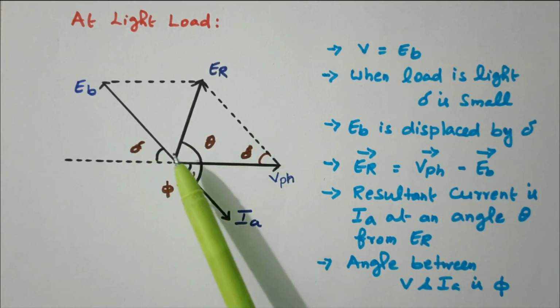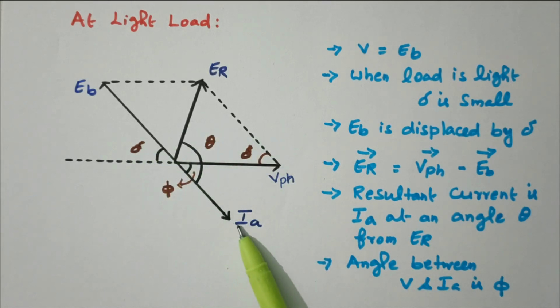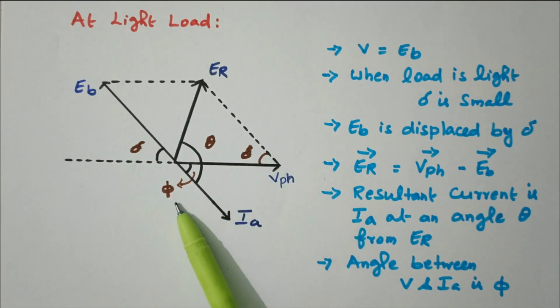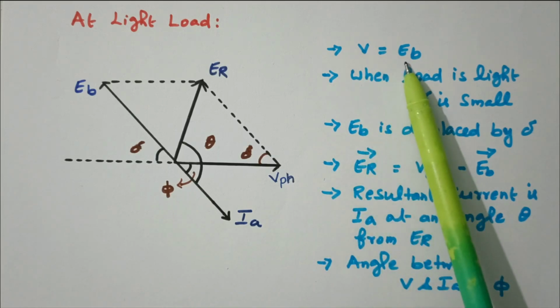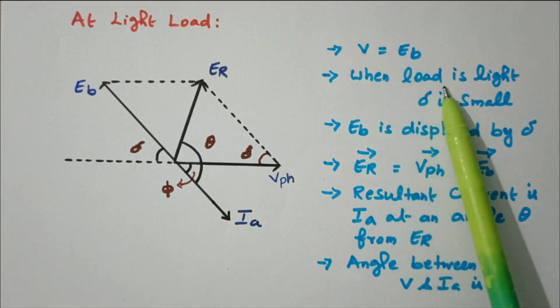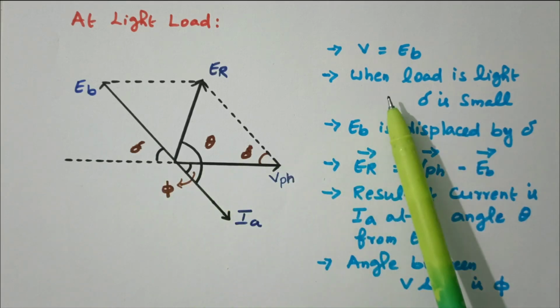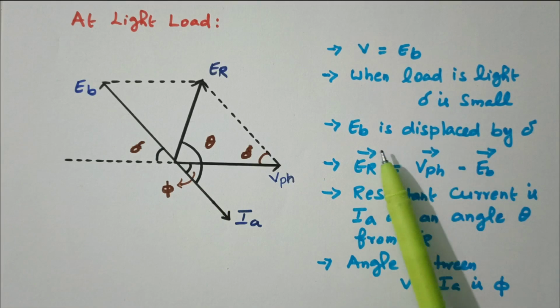Now we discussed that Ia also increases, so Ia is drawn opposite to Eb. The angle between Ia and ER is theta. The angle between V phase and Ia is phi. Now let us see what happens. When load is light, delta is small. Here V and Eb are not equal, but in case of light load they may be nearly equal.